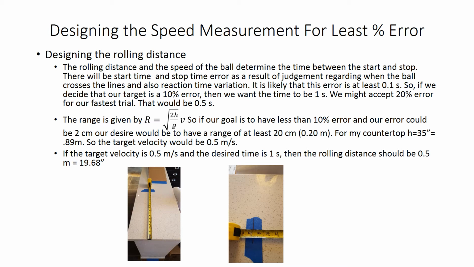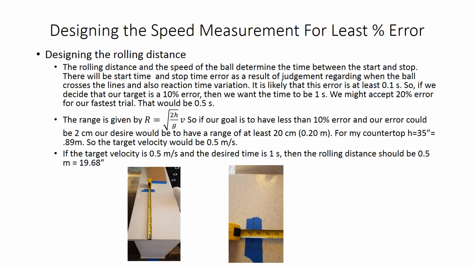There will be uncertainty in the eyeball landing point, and there will be some uncertainty in the 0 point as well. Let's plan on 2 centimeter error in the total measurement. If we want that 2 centimeter error to be a 10% error, then we should plan on a 20 centimeter range.